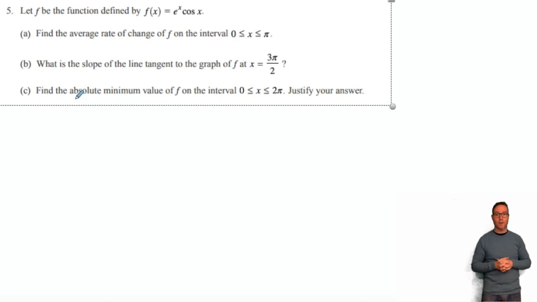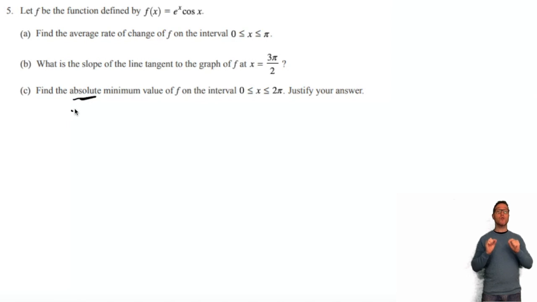We're rolling along. Find the absolute minimum. Now, minima occur at critical values, or they could occur at endpoints. So to find an absolute extremum, like absolute min or absolute max, I have to test the endpoints of the interval, which is 0 and 2 pi, and I have to test the critical values.